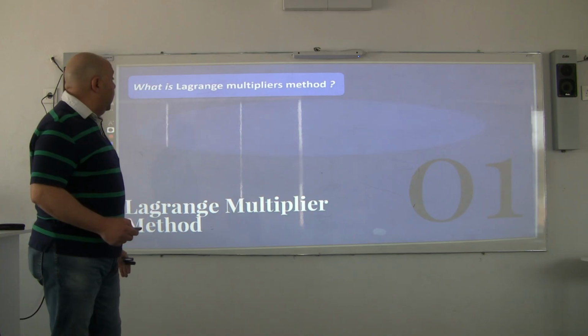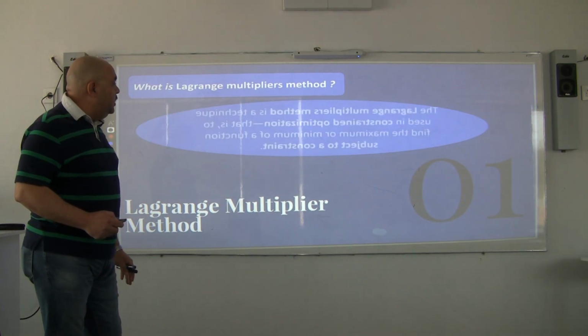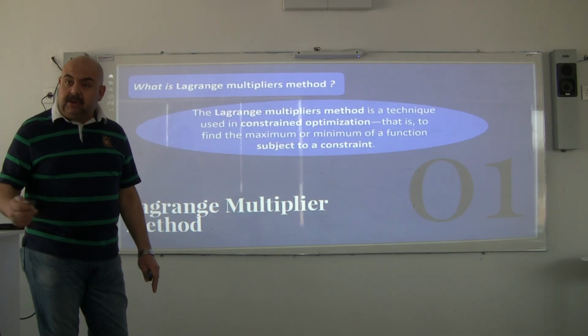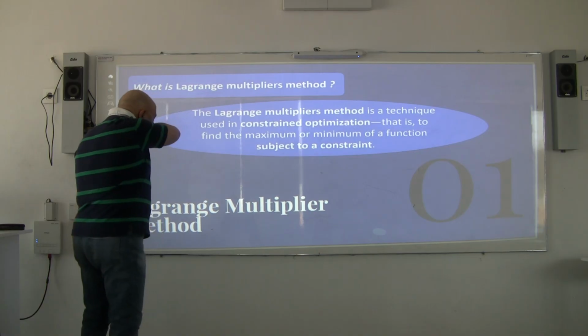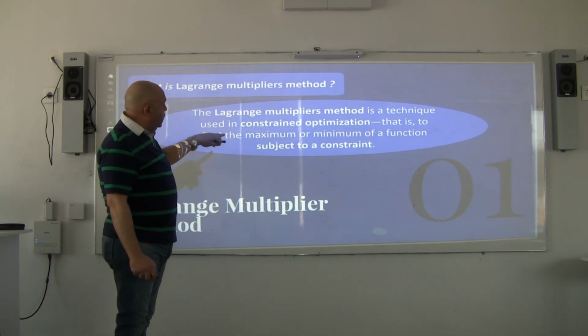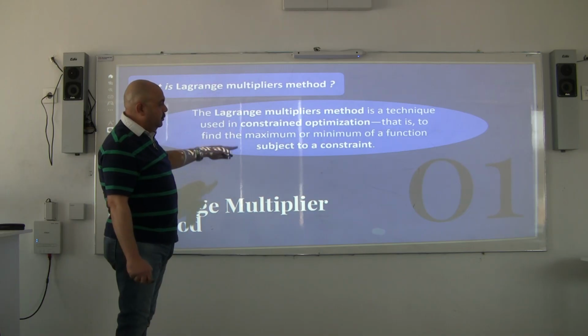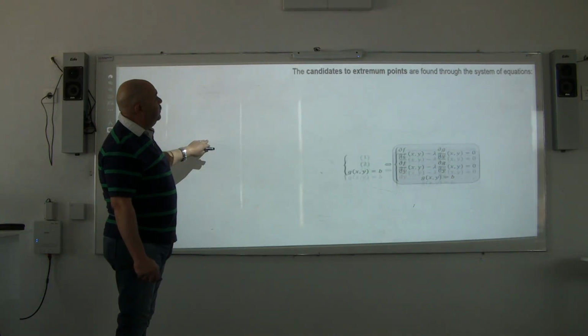So the introduction and also the Lagrangian method, it will be used in the inequality constraints, as we will see down just in a few. So the Lagrangian multipliers method is a technique used in constraint optimization. That's to find the maximum minimum of a function subject to an equality constraint.